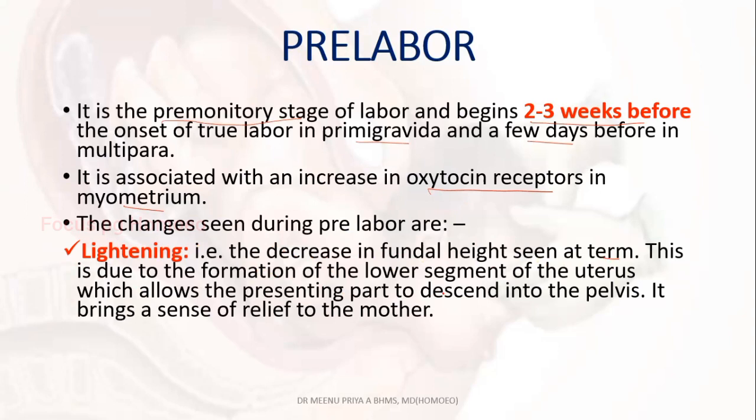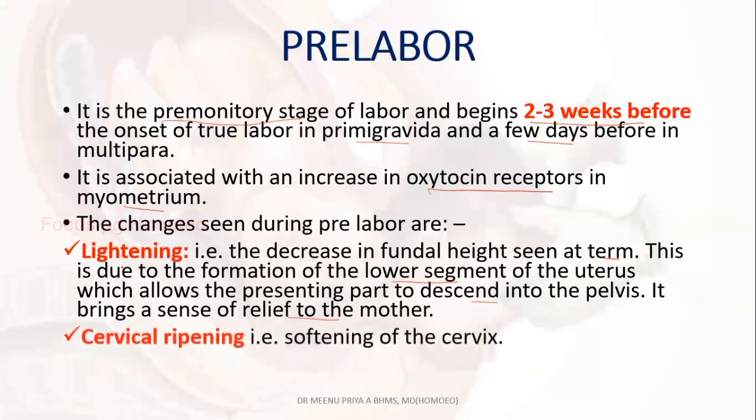This is due to the formation of the lower uterine segment, which allows the presenting part to descend into the pelvis, and it brings a sense of relief to the mother. Then cervical ripening, that is softening of the cervix. All these changes happen for the smooth delivery or expulsion of the fetus and placenta. And false labor pains.